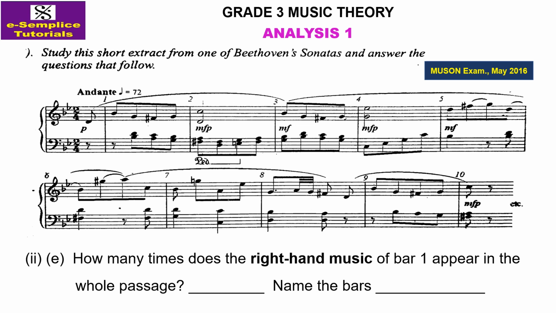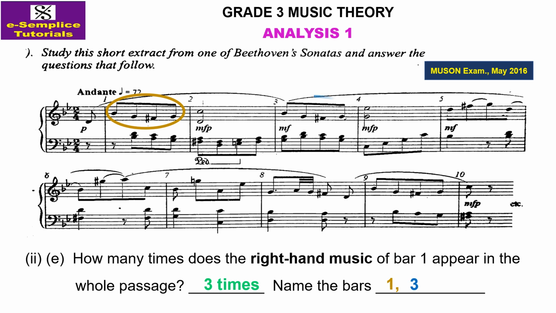Our answer is 3 times. That music in bar 1 in the right hand music appears 3 times in this passage. Let's look at bar 1. This is the music where you have B flat, G, F sharp, and G. Now, which other bar has the same music?